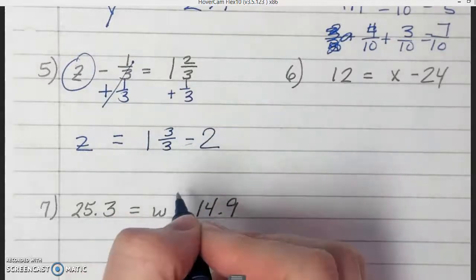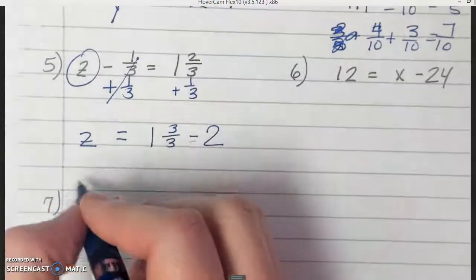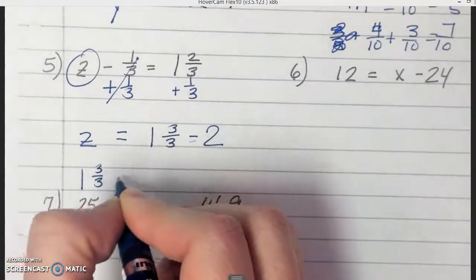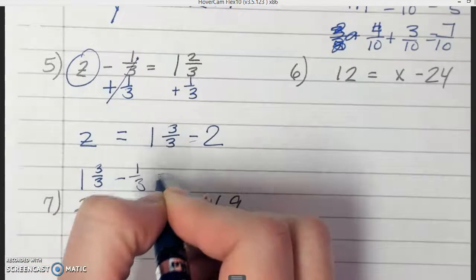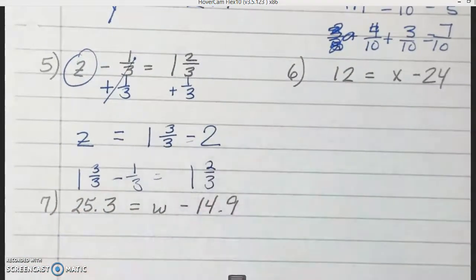This would be 2. And I could go back and check it and I'd get the same thing. So I could start with that 1 and 3/3, subtract 1/3, and that still gives me 1 and 2/3. So that's just a way of checking it. Any questions?